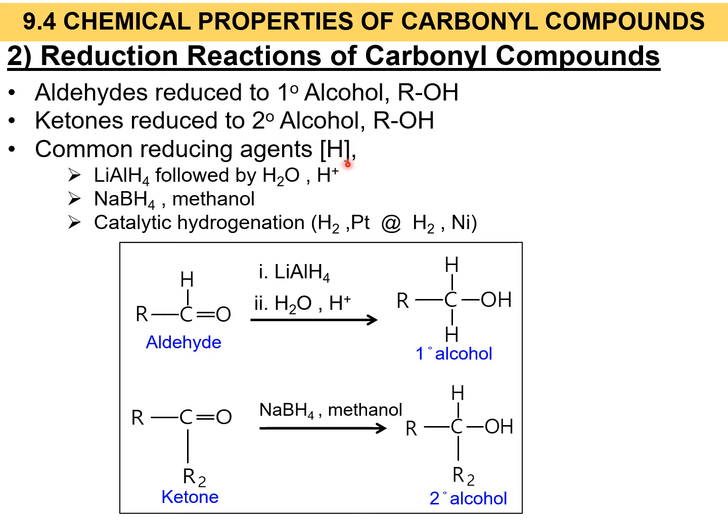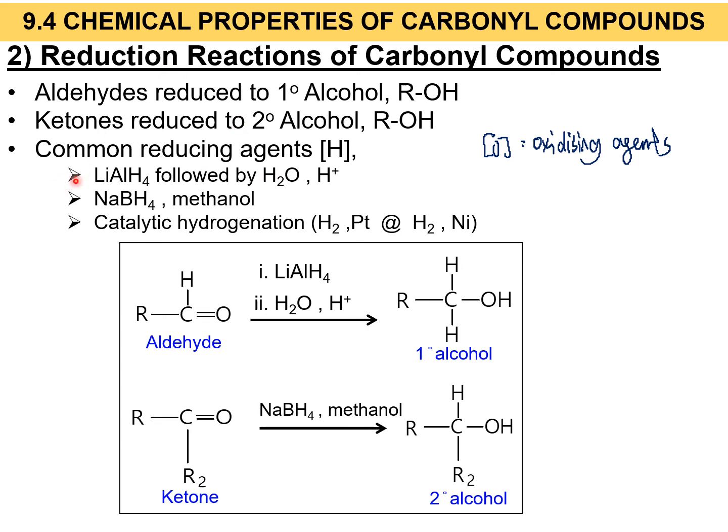This is the symbol for reducing agents, H in square brackets like this. If it is O in brackets, these are oxidizing agents, and we have learned some of the common oxidizing agents. But right now I want you to know the common reducing agents.